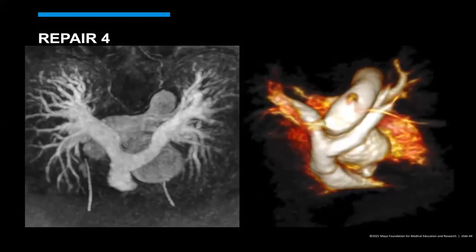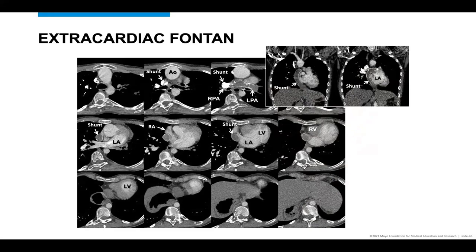And then before we tackle that next case, I did briefly mention two other shunts, the Potts shunt and the Waterston shunt. Again, you don't see those very often, but the Waterston shunt is a connection between the ascending aorta and the right pulmonary artery.